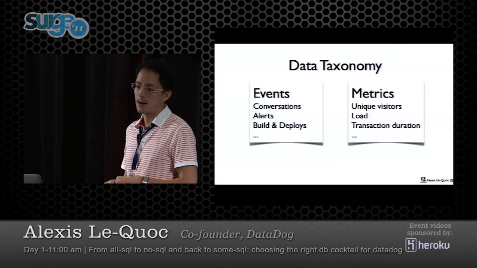Events could be conversations, alerts from your monitoring system, a particular deploy that happened, a source code commit, and so on. So these are discrete events that carry meaning, something where you can understand them out of context.